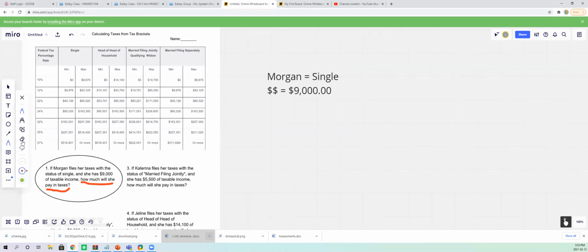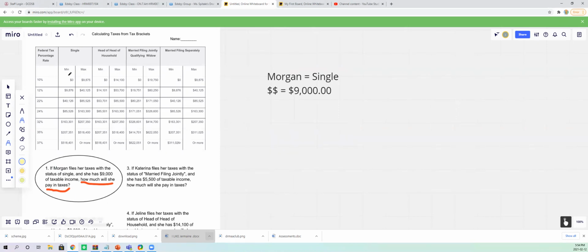So knowing that information now, we have a better picture of who Morgan is. And we are going to go to our chart, our handy dandy chart, and we are going to figure out what percentage of federal tax Morgan should be paying. So let's look. Morgan is single. We're looking for the amount of 9,000.